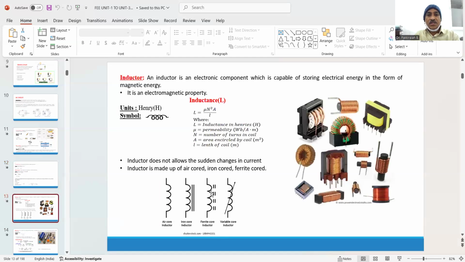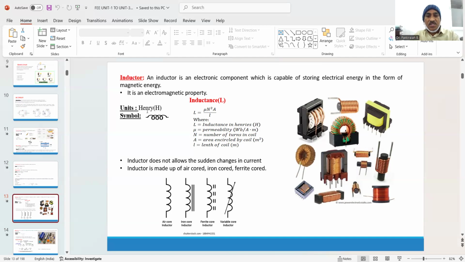Then inductor. A wound coil we call an inductor. It has a property called inductance, represented with the letter L, where it stores part of the applied energy in the form of a magnetic field, E equal to half L i square joules.